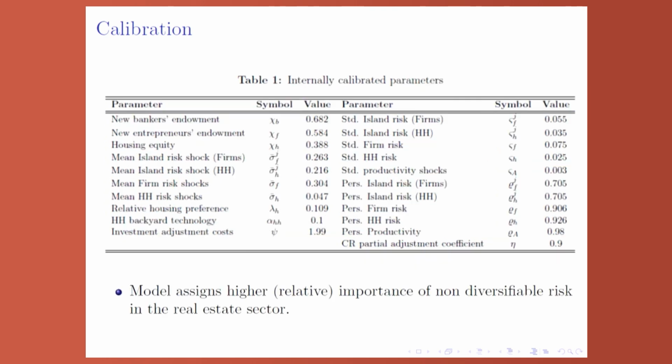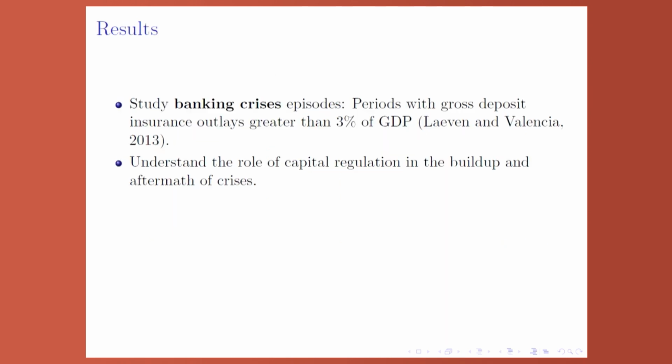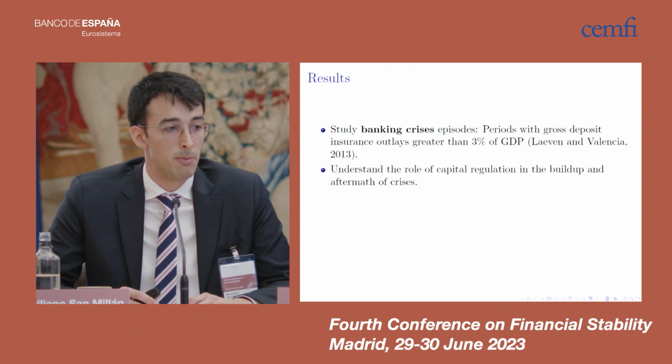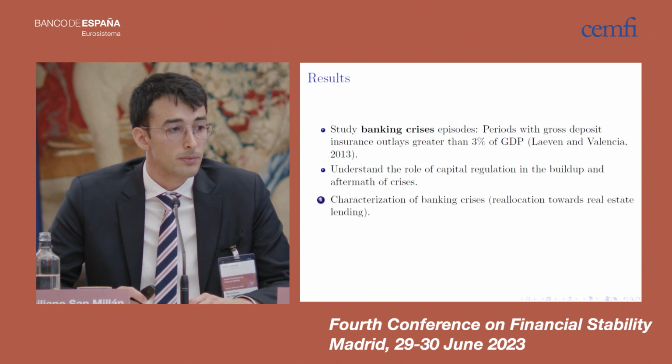So let me skip this. Let me just say in terms of the calibration that the model accommodates the data by setting a higher relative importance of non-diversifiable risk in the mortgage sector, which will be important. Okay, the banking crises that I will study are episodes where there are large costs to deposit insurance, so larger than 3% of GDP in a year.